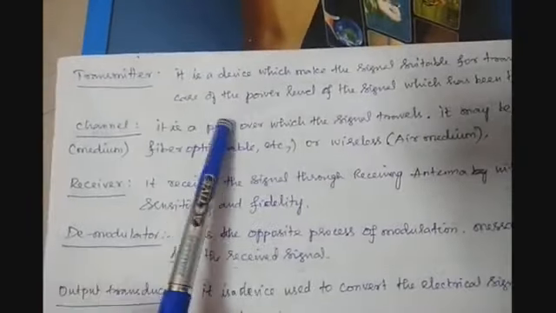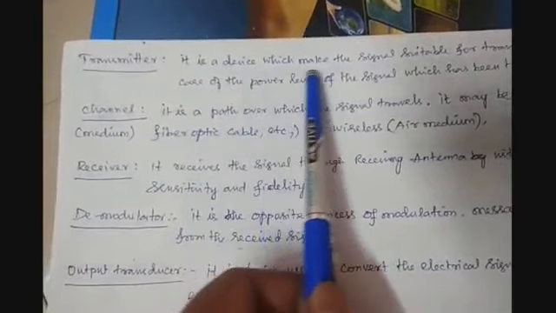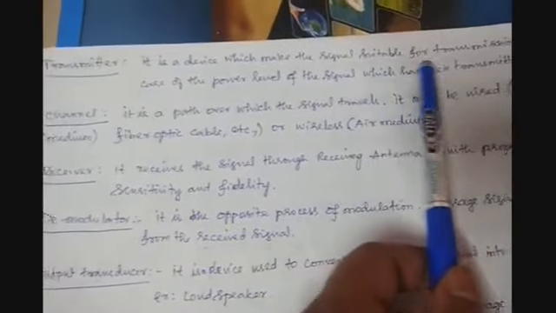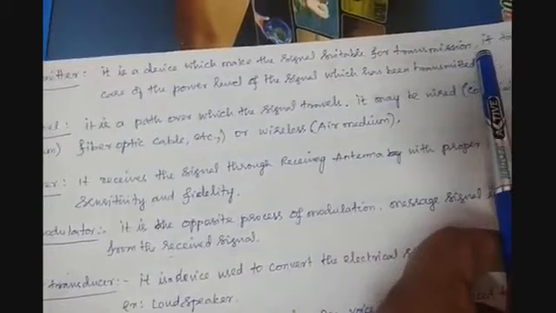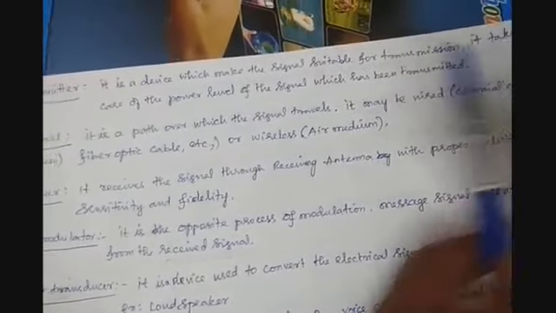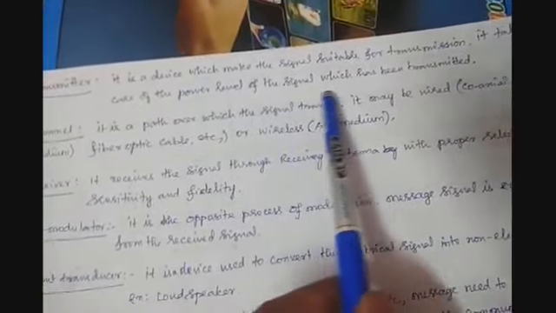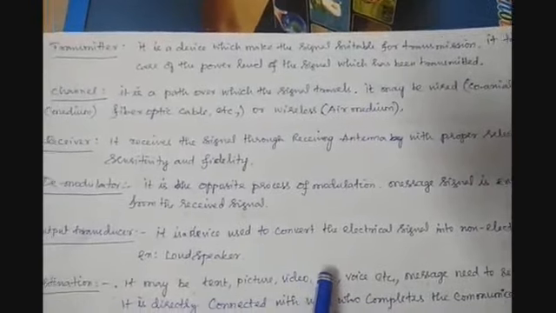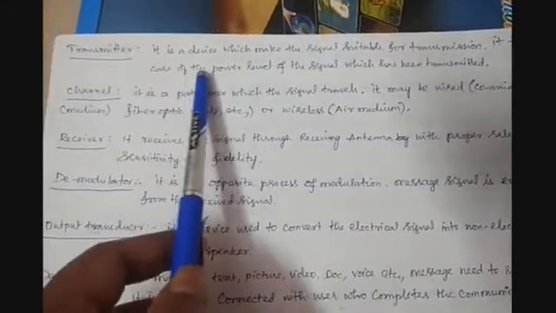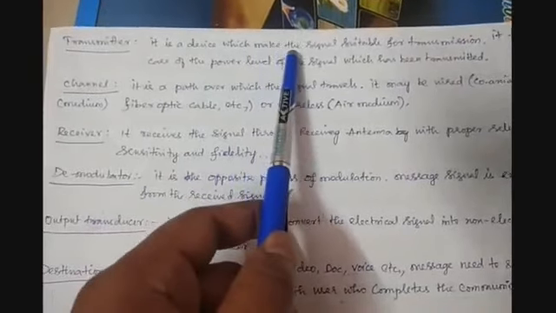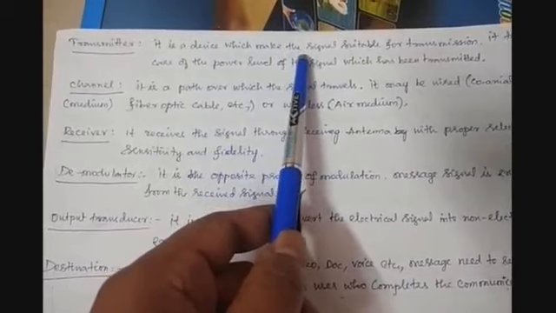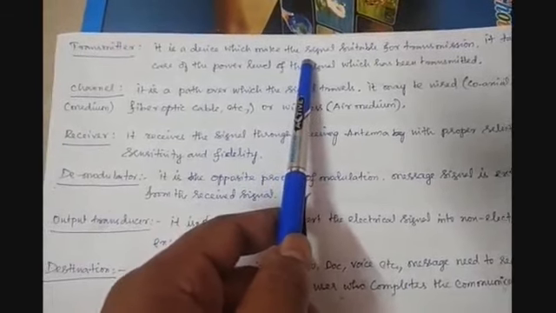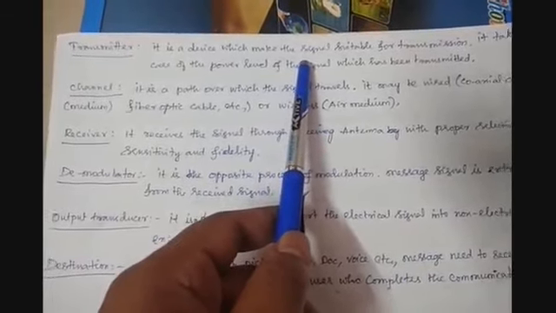Transmitter. It is a device which makes the signal suitable for transmission, and it takes care of the power level of the signal which has been transmitted. See, the transmitter is used to transmit the signal with the required power level, and it converts the electrical into electromagnetic form.